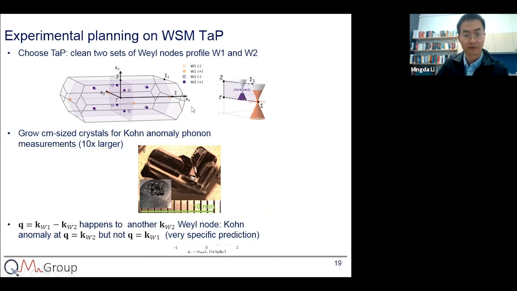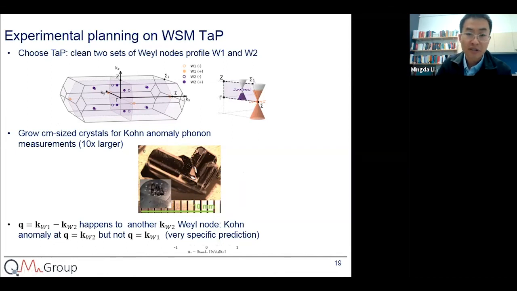To carry out these phonon measurements, we also need a high quality, large single crystal. We spent almost a year of effort trying to find the recipe to grow really large, centimeter-size crystals, an order of magnitude larger than literature reports. Then we can provide high quality experimental signatures.